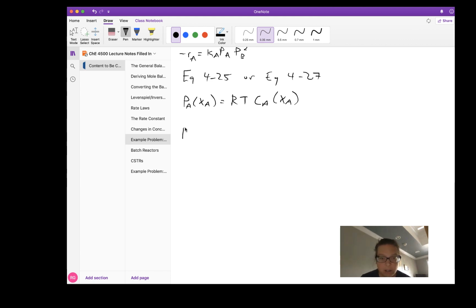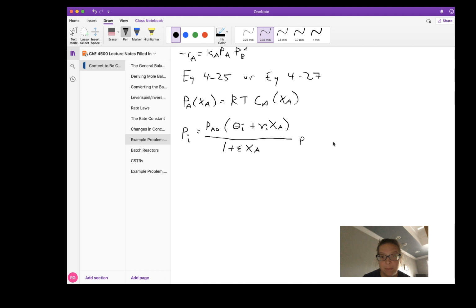The pressure of species i is equal to PA naught times theta i plus nu i, the stoichiometric coefficient, times XA. A here is the limiting reactant, or the basis of calculation, divided by 1 plus epsilon XA times lowercase p.